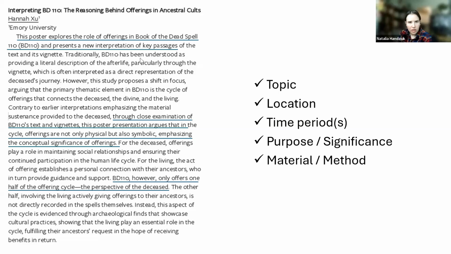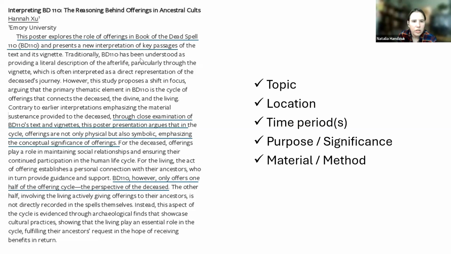Traditionally, BD 110 has been understood as providing a literal description of the afterlife, particularly through the vignette, which is often interpreted as a direct representation of the deceased's journey. However, this study proposes a shift in focus, arguing that the primary thematic element in BD 110 is the cycle of offering that connects the deceased, the divine, and the living.